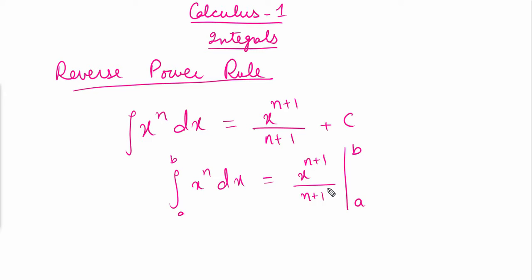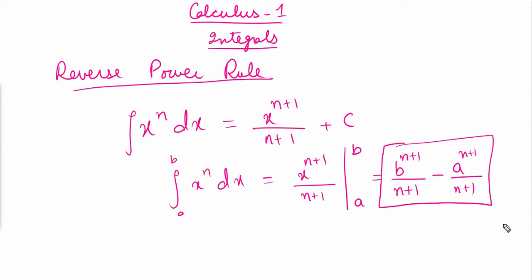So first of all we will put b into x and then a. It will be equal to b to the power of n plus 1 over n plus 1, minus a to the power of n plus 1, whole divided by n plus 1. So this is how we can solve definite integrals. We just apply the limits, and there will be no constant in the definite integrals.